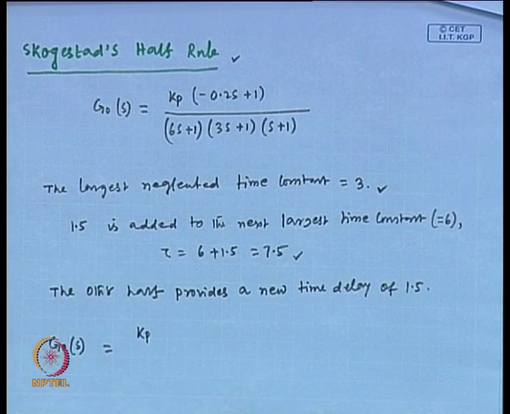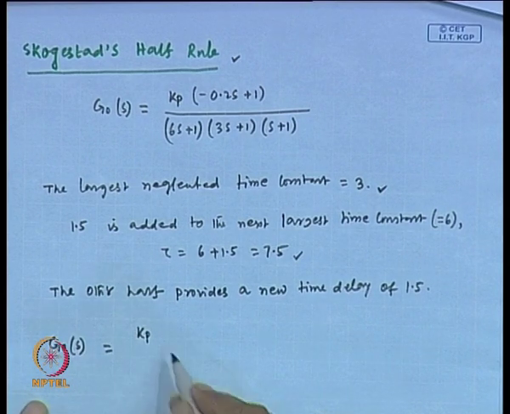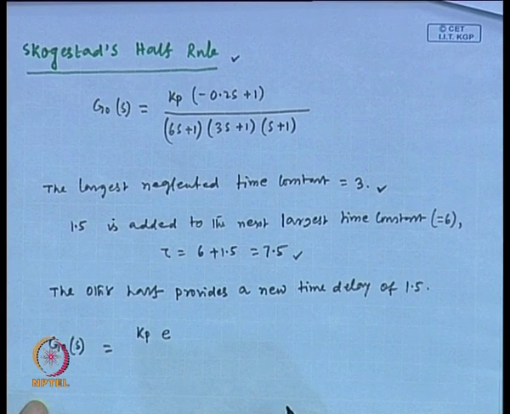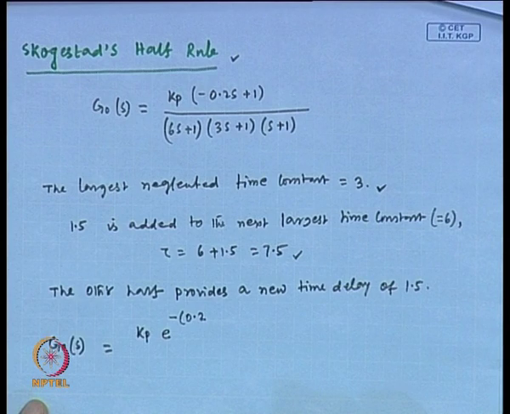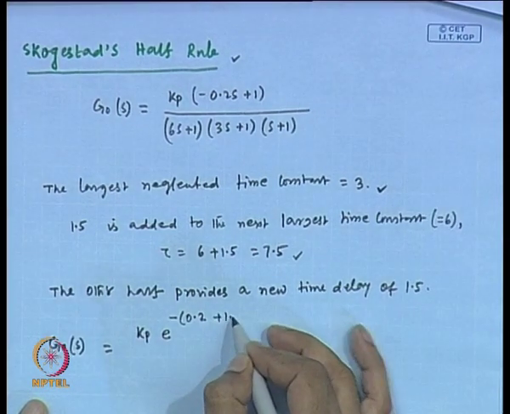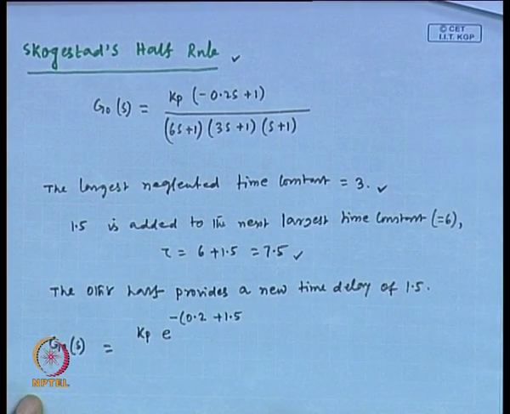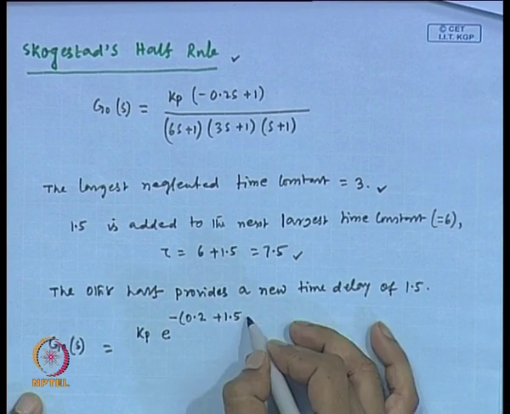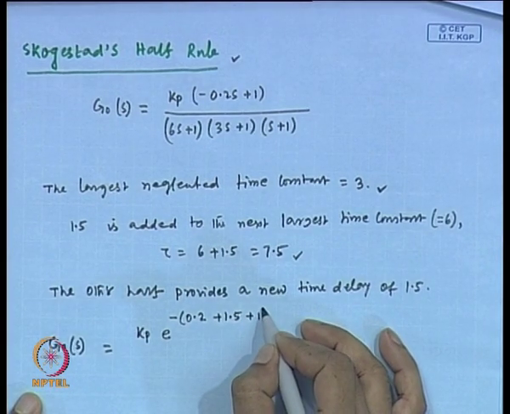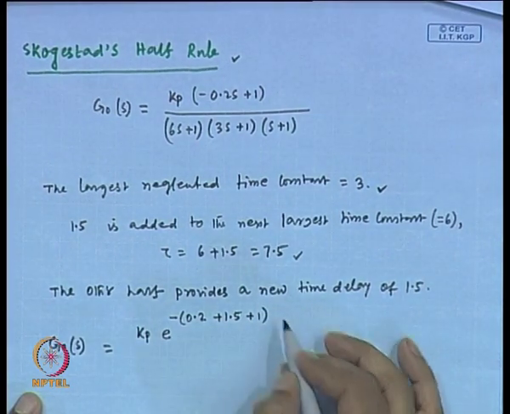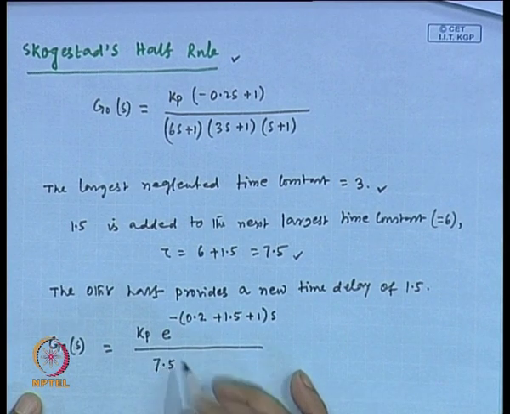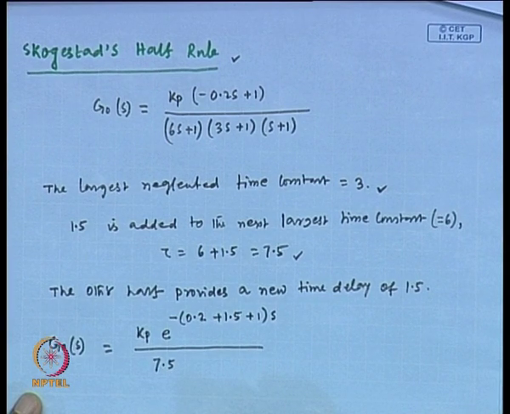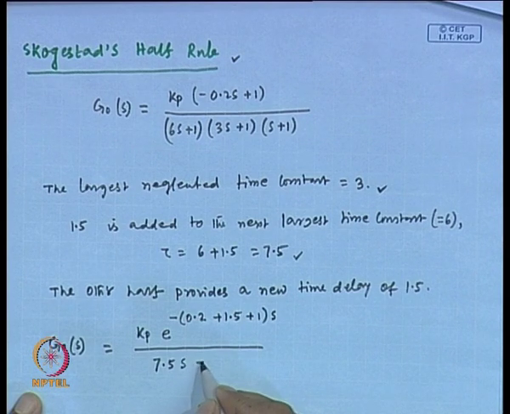According to this half rule, the transfer function finally becomes Kp exponential of minus (0.2 plus half of 3, that is 1.5) plus 1 remains there. The time constant is already obtained, 7.5.